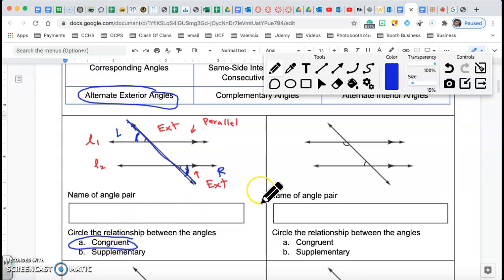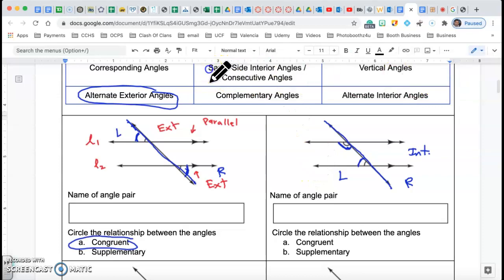Let's go to the next one. They're on the inside, right? If they're inside, they're called interior. Now let's look at this transversal. I know those two angles are interior. This is the left and that's the right. Both angles are on the same side. So they're called, look at the name right here, same side interior angles.